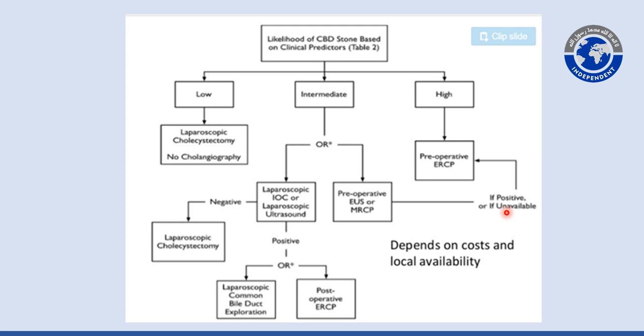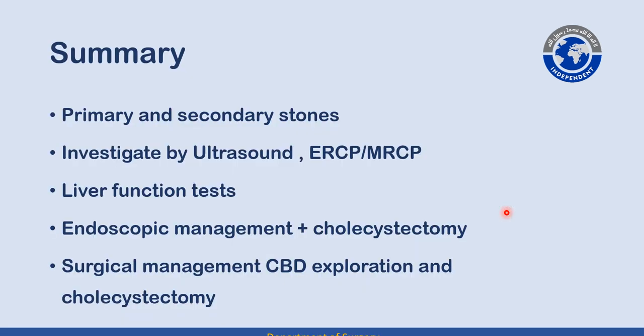So this is how we should clinically deal with these patients. It is of utmost importance that whenever we are going to do a cholecystectomy, we should check the clinical predictors of likelihood of CBD stones. This can be done by doing an ultrasound scan and liver function tests. This will save you from any post-operative problems.